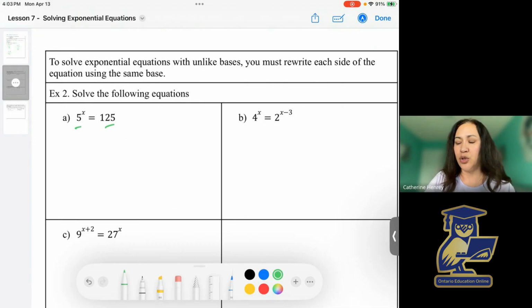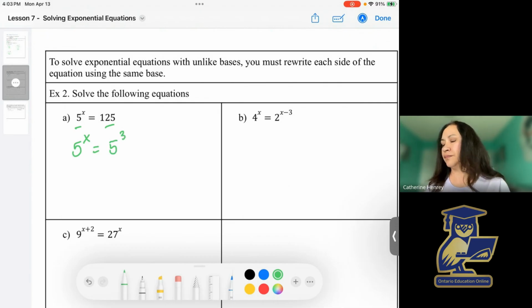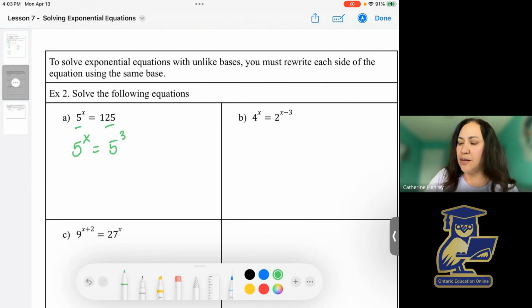Obviously, there's no similar base. But if we're familiar with our exponents, we can rewrite 125 as 5 to the power of 3. Now we've created the same base, and that allows us to write x equals 3.